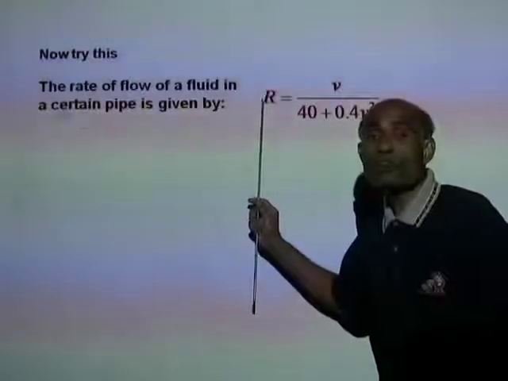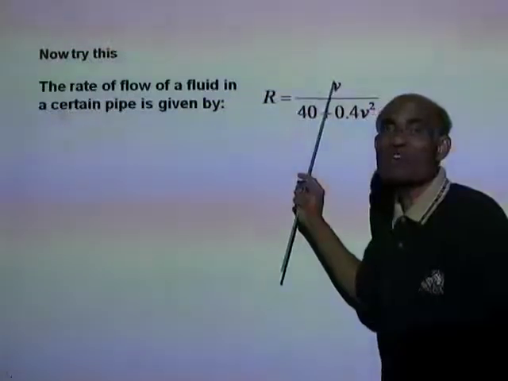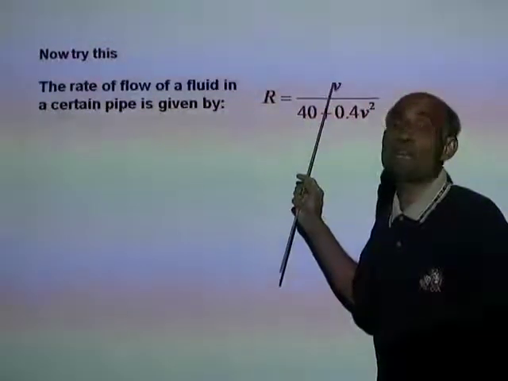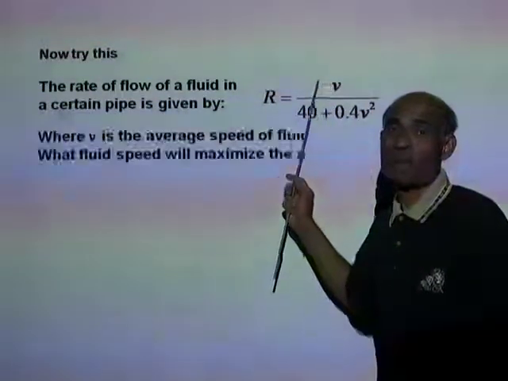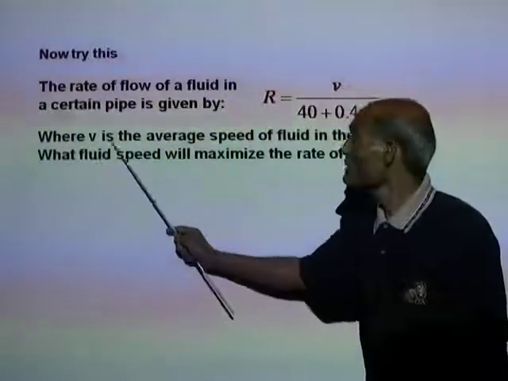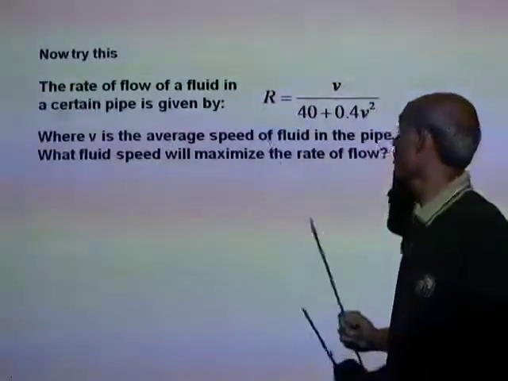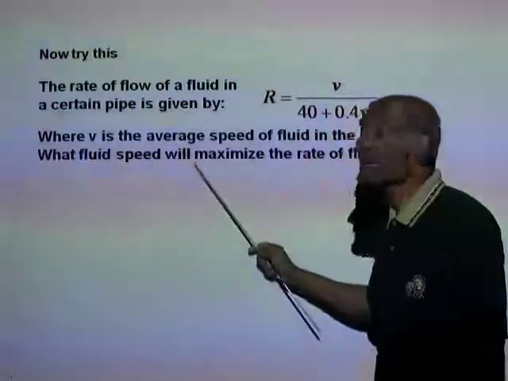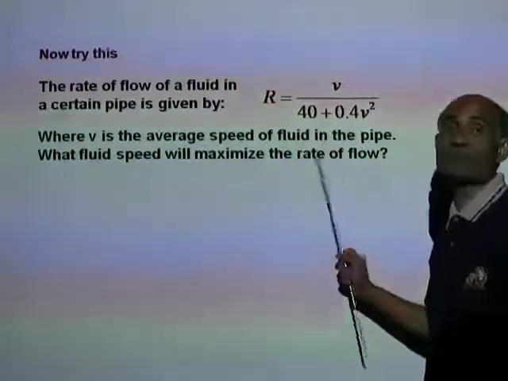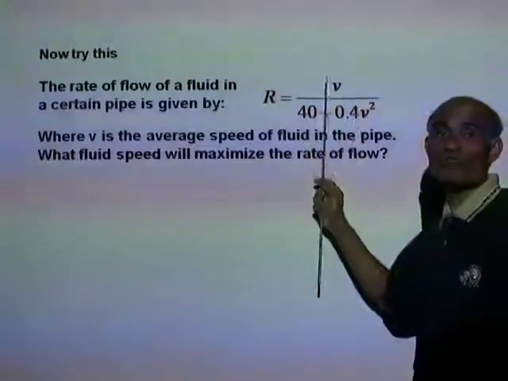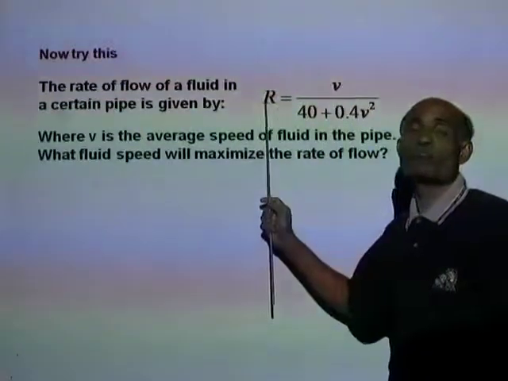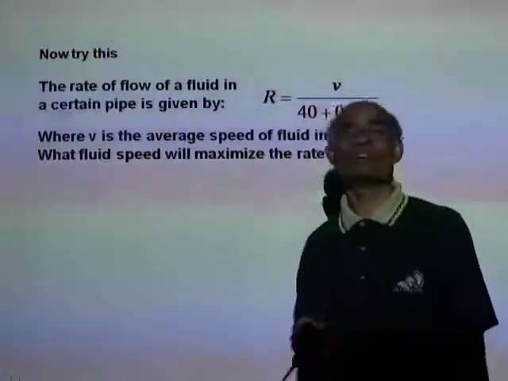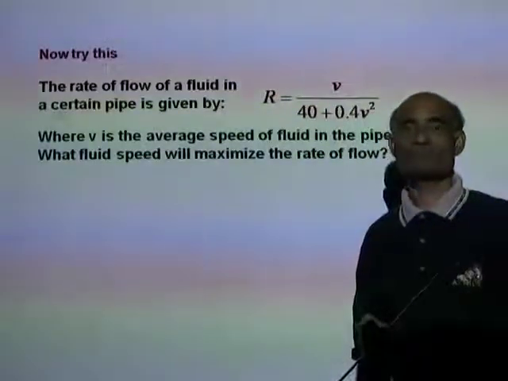The rate of flow as a function of the flow speed. Now, where V is the average speed of the fluid in the pipe, what fluid speed will maximize the rate of flow? What value of V will maximize the value of R?